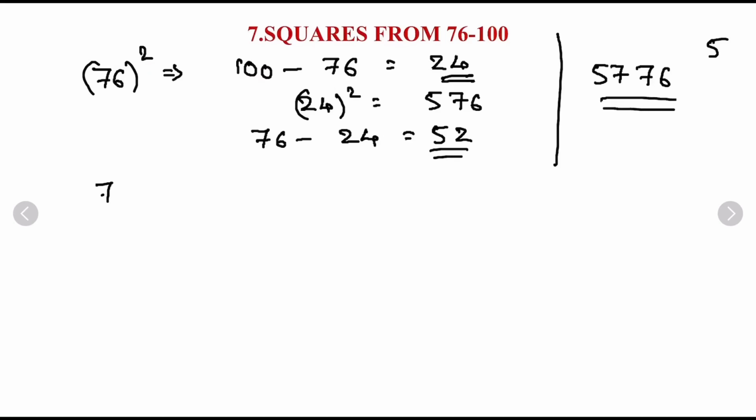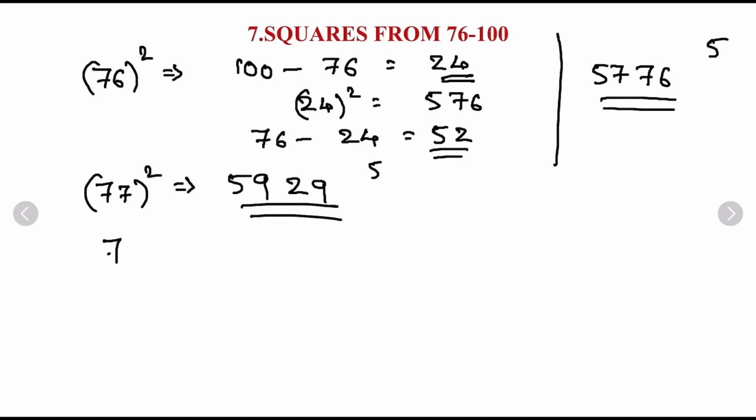If it is 77 square, how much less than 100? 23. 23 square, 529. Keep 29, 5 carry forward. 77 minus 23. So 54 plus 5, 59.